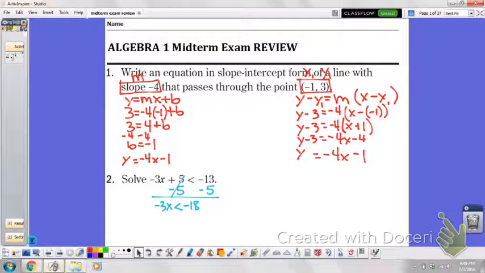Then I just need to divide by -3 on both sides. -3's on the left cancel out, and I have x. And since we divided by a negative number, we need to flip the sign from a less than to a greater than. So I have x is greater than -18 divided by -3, which is 6. So x is greater than 6 is my final answer.